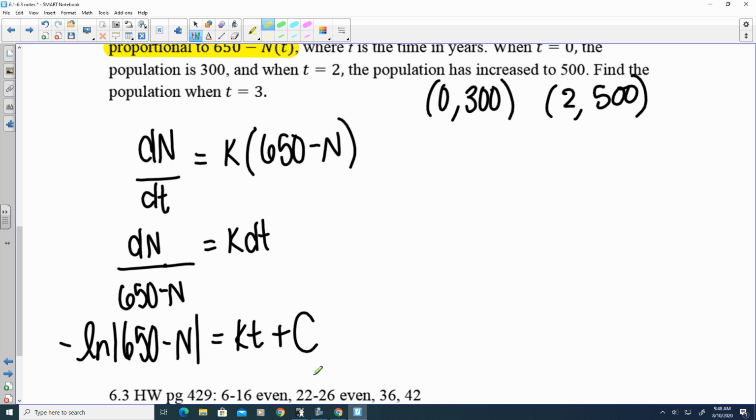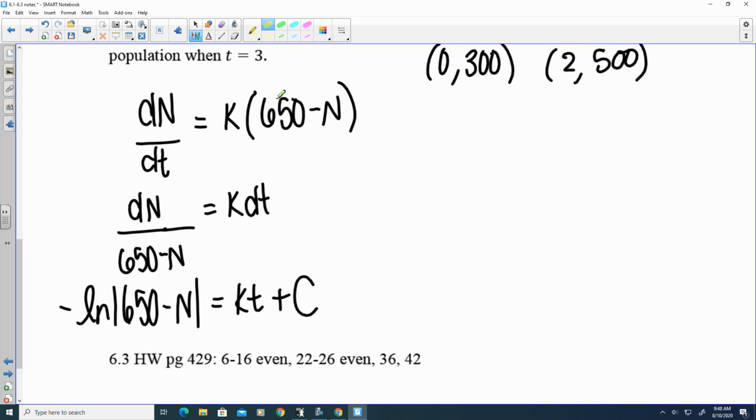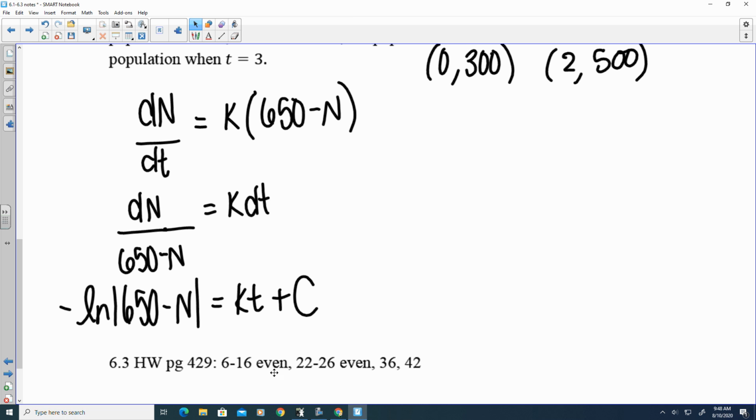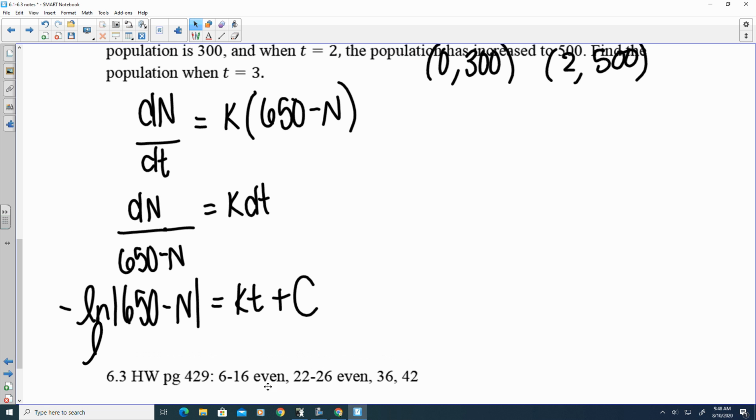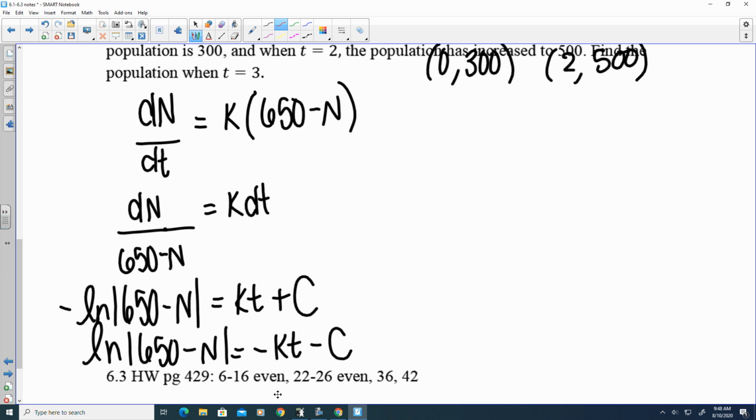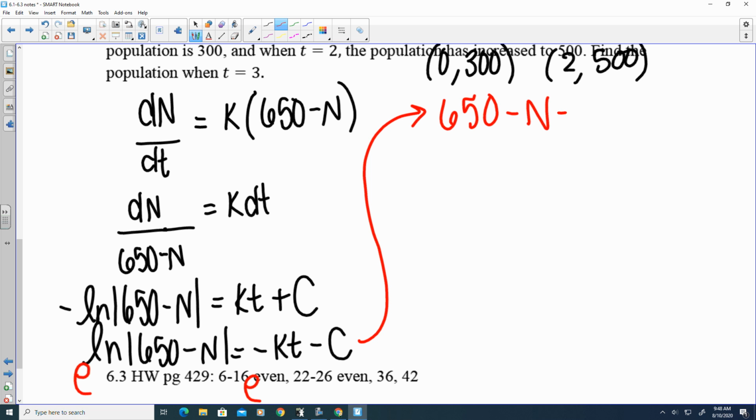So I'm going to get rid of that negative, and in doing so, it's going to change the signs on the right side, negative kt minus c, and I do that to exponentiate, right? So we're going to exponentiate here. I'm going to come up here where I have some room. I have 650 minus n equals e to the negative kt minus c.